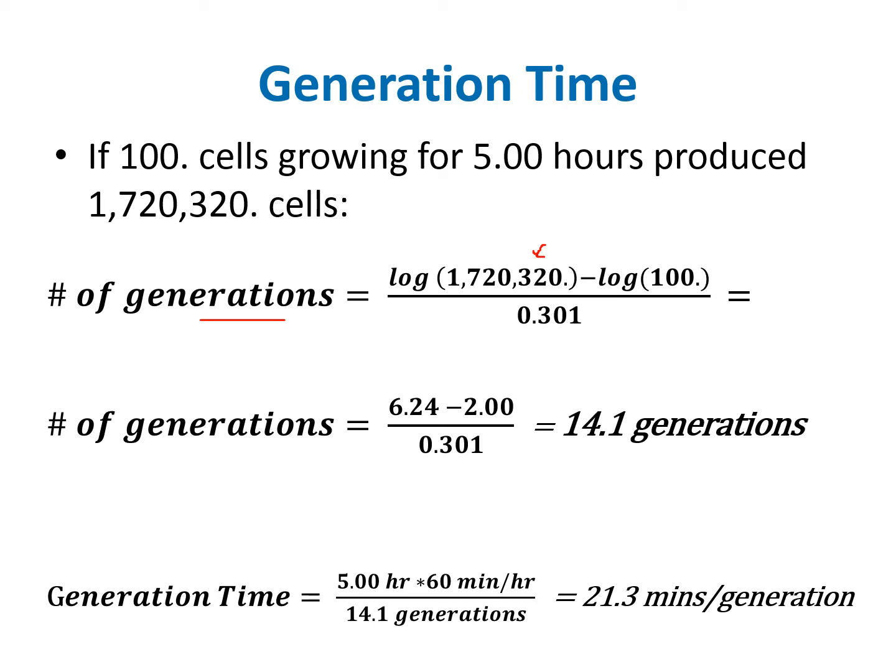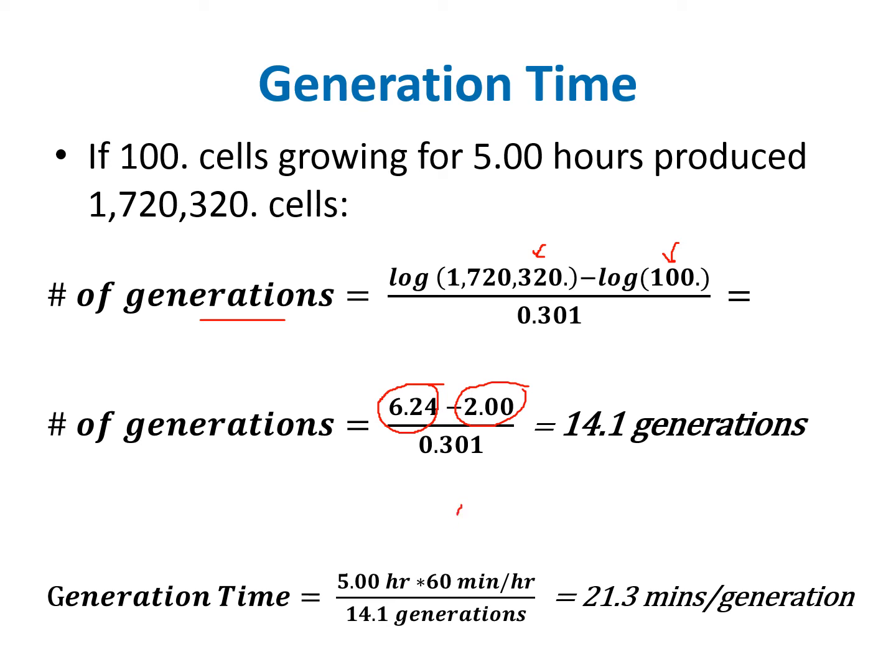If you did that, you should have gotten a number that was around 6.24. Then you cleared your calculator and did the same thing for 100, and you should have gotten 2. If you subtract those two numbers, you should get 4.24, and then divide that by 0.301 and you should have gotten about 14 generations.